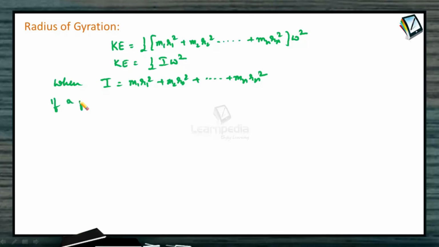If a particle of same mass is placed at distance r, then I is equal to m r square.